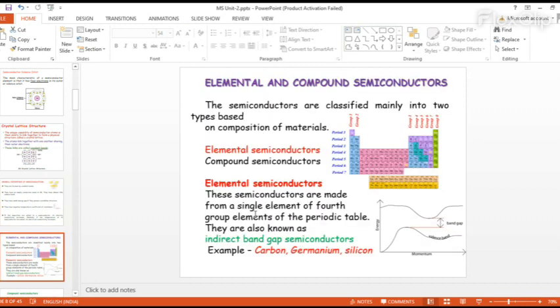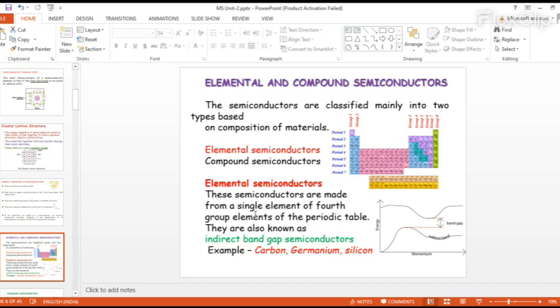When you see the periodic table, there are different kinds of semiconducting materials. There are two types. The first one is elemental semiconductors, then compound semiconductors. You see this periodic table. The elemental semiconductors are made from a single element, a fourth group element of the periodic table.